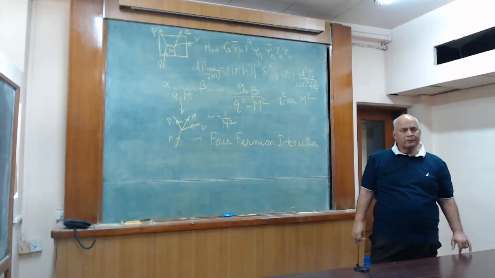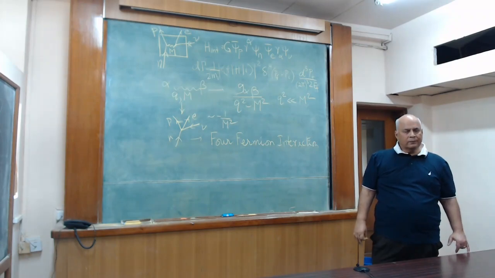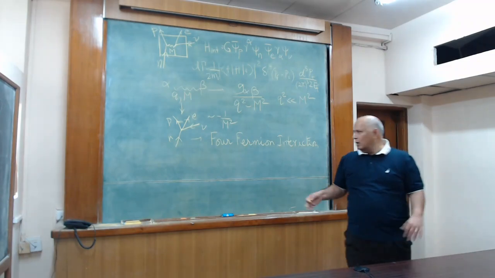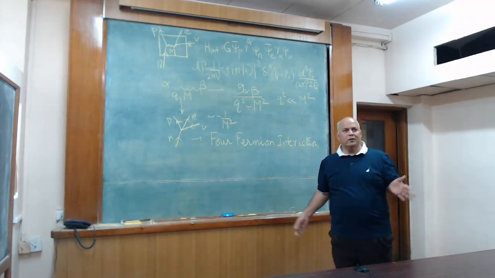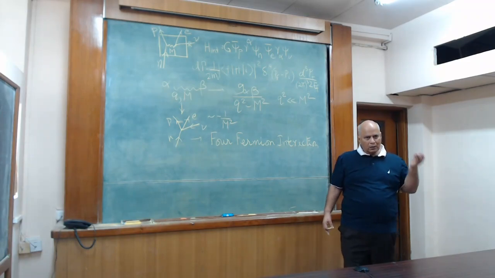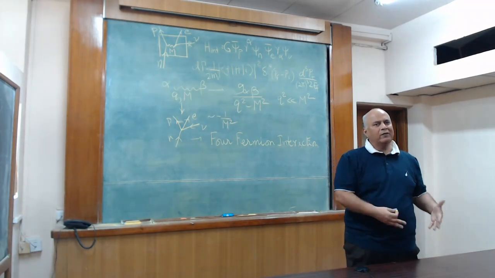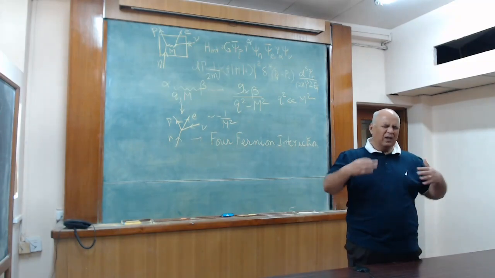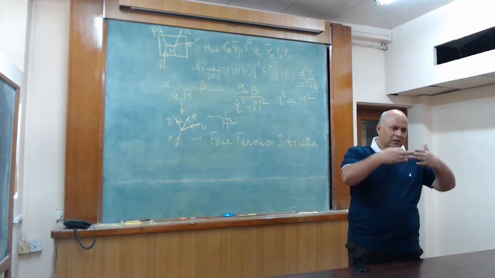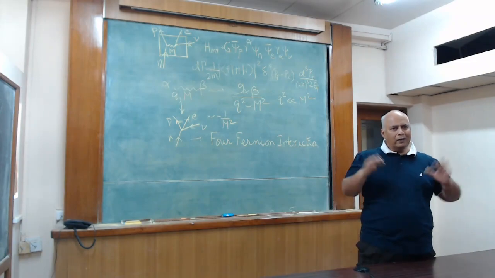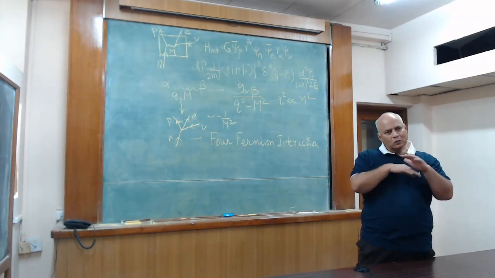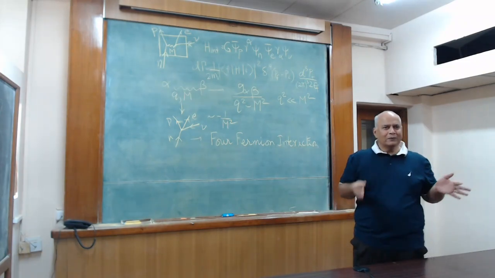Can I say that it's a negative energy dimension coupling because all 4 fermion interactions will be negative? Any 4 fermion interaction you write is not allowed. It will necessarily have a negative energy dimensional coupling, and such couplings are not renormalizable.